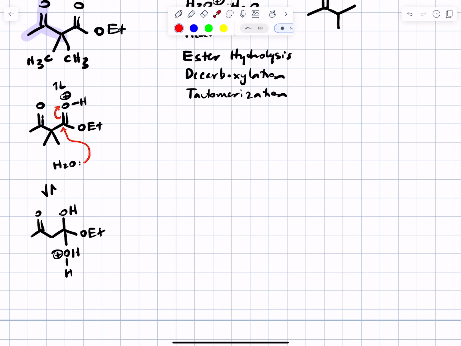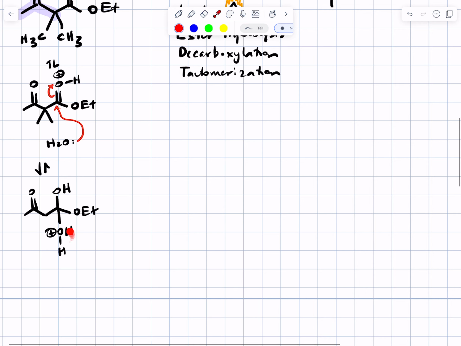Now, because we want to hydrolyze the ester, ultimately we want this OEt, the ethoxy group, to be the good leaving group. Right now, water is the good leaving group, so we need proton transfer using the conjugate base of our acid to change up who's the good leaving group.